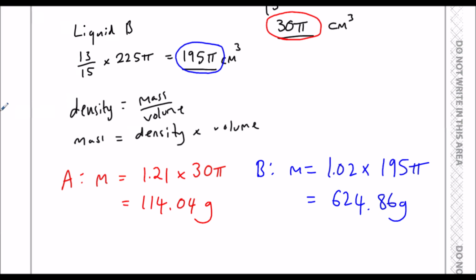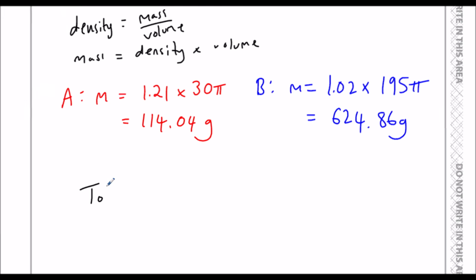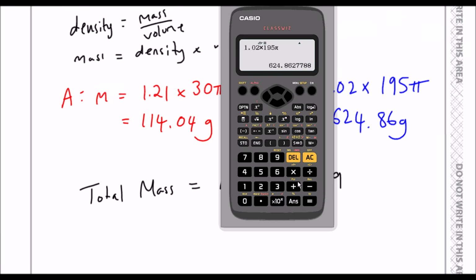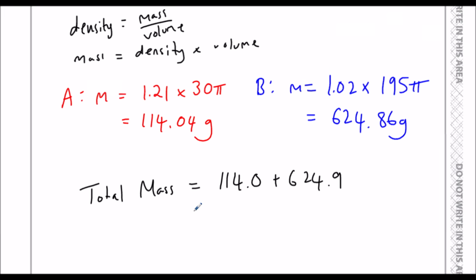So we want the total mass, which are these two answers added together. So add them up, and we get 739 to 3 significant figures.